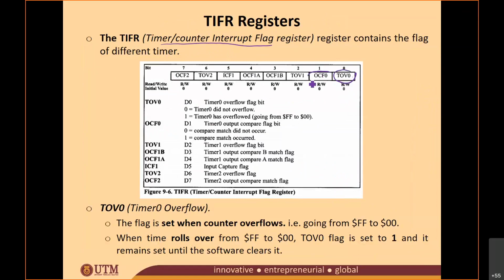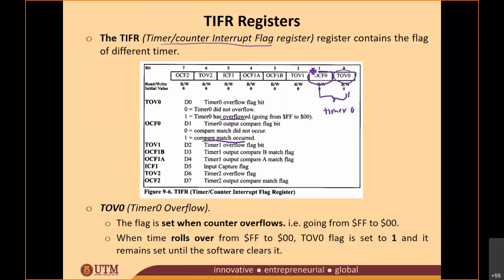And OCF0 is the flag for CTC mode for timer 0. Whenever the TOV0 flag is 1, it means timer 0 has overflowed. If OCF0 is 1, then a compare match has occurred. So this is for timer 0.